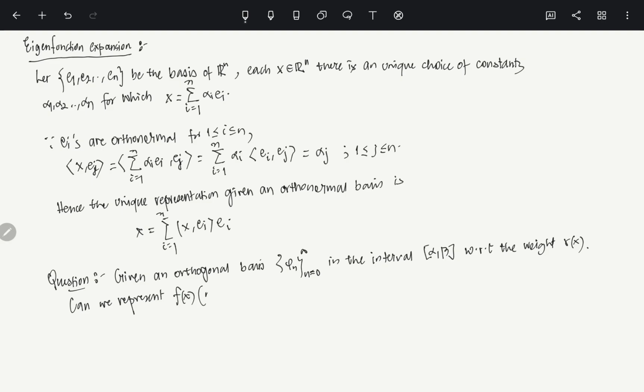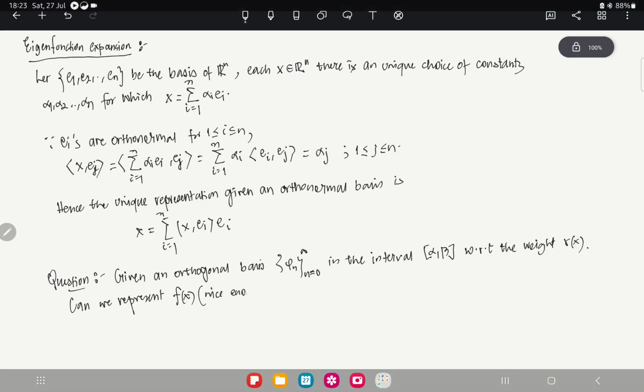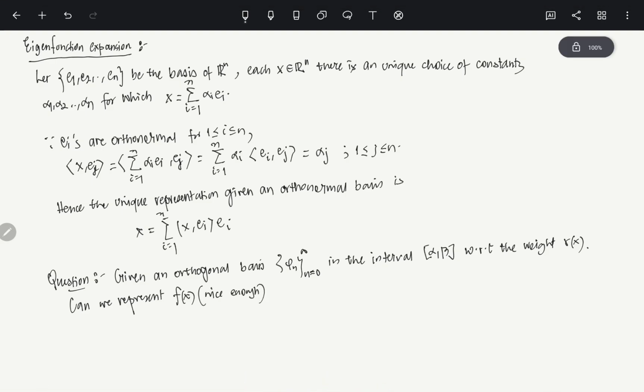Nice enough. Of course, you can't expect that you can represent any function like that, but nice enough, let's say. We don't know what nice enough means right now, but it's a nice function, exponential, sine, cosine, that sort of function. Can we do that? That's the question.